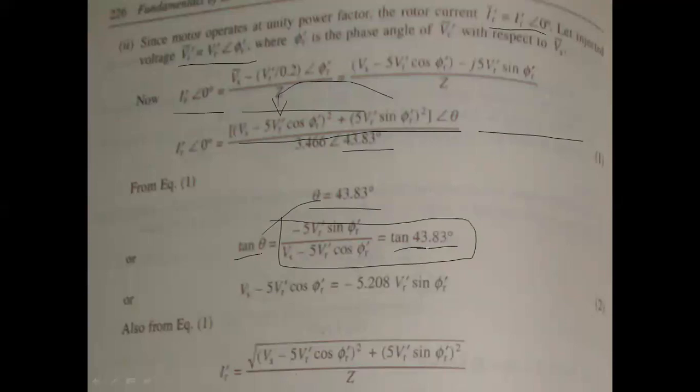Okay, so write this value here and cross multiply. You will get it in the form of an equation. So Vs minus 5VR dash cos phi r is equal to, what is the value? Minus 5.208 VR dash sin phi r. So in the place of Vs minus 5VR dash cos phi r, I can substitute this value.